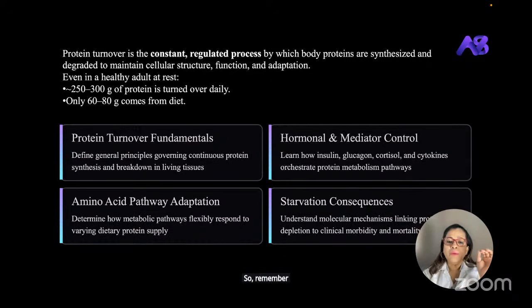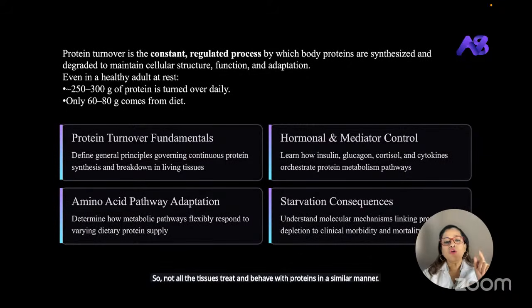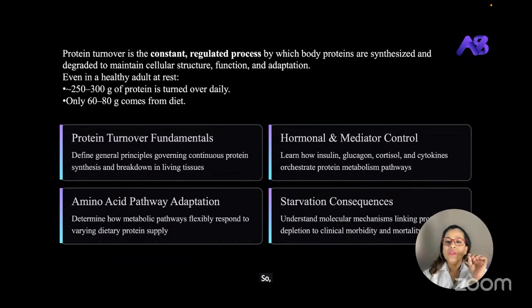Remember one thing, that different tissues behave differently. Not all tissues treat proteins in a similar manner. There is the liver, where there is a very rapid turnover, that is of the plasma proteins. The muscle is the largest reservoir. The other area where there is a very high turnover is your gut mucosa, and your immune cells rapidly respond.